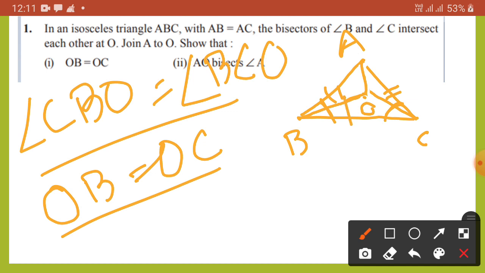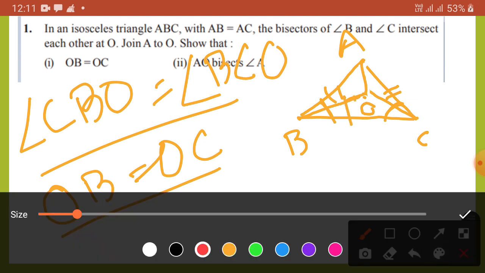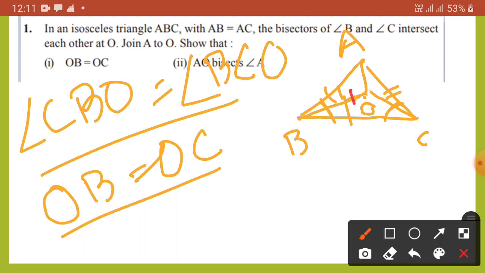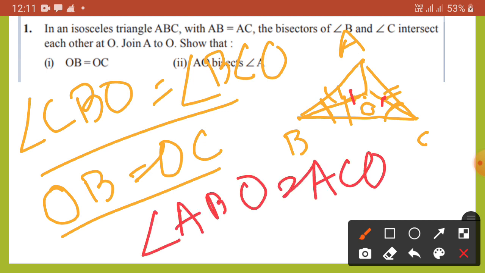OB is equal to OC. Again half of angle ABC is equal to half of angle ACB. So easily we can write in another way that angle ABO equal to angle ACO. That means this angle is equal to this angle.